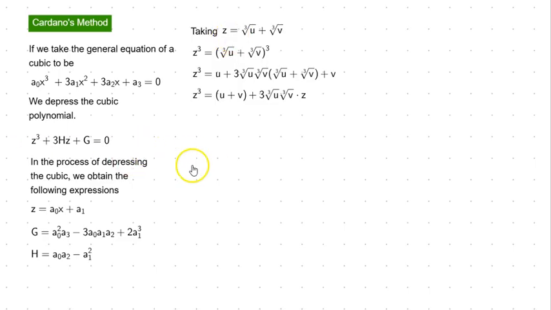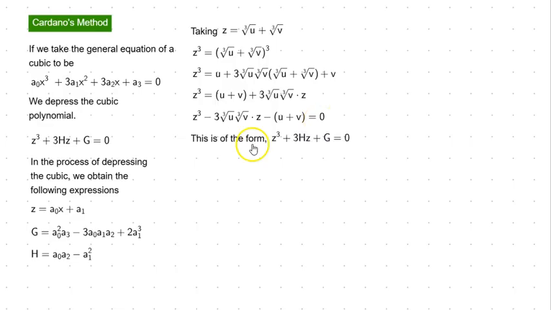Now, rearranging this, we get z³ − 3∛u∛v z − (u + v) = 0. This is of the form z³ + 3hz + g = 0, where h is equal to −∛u∛v, which implies −h is equal to ∛u times ∛v.